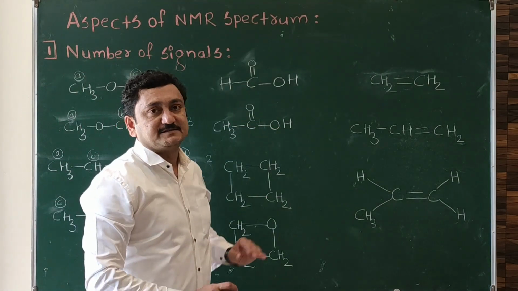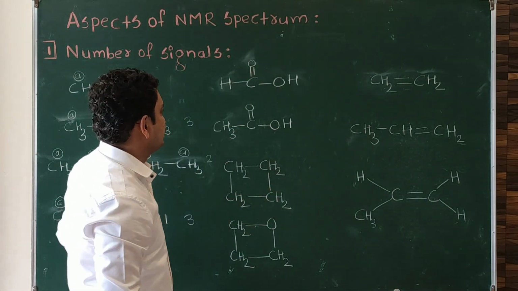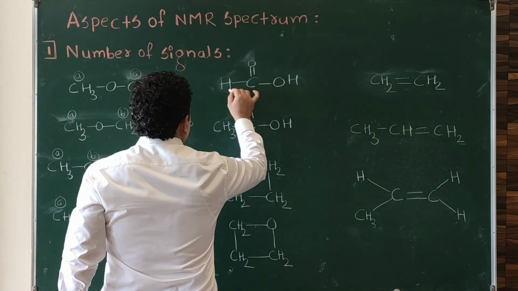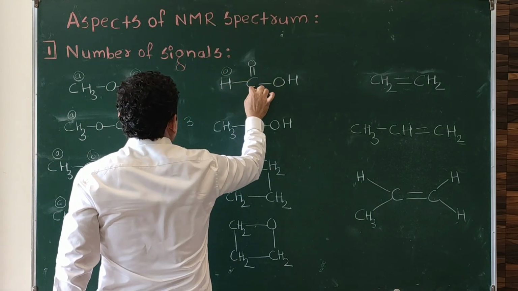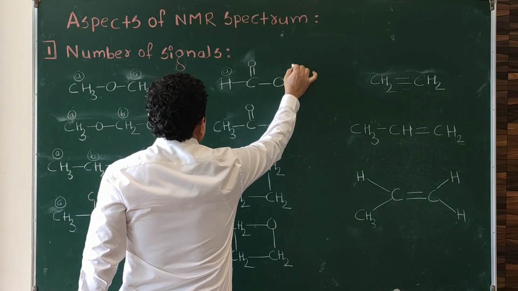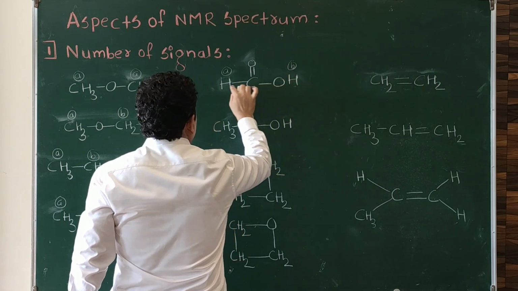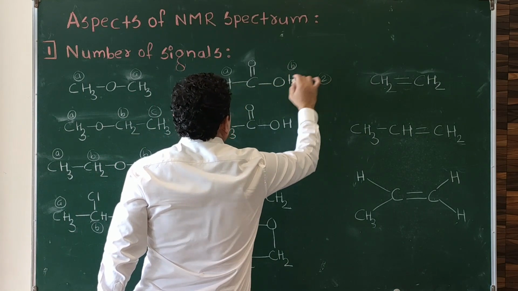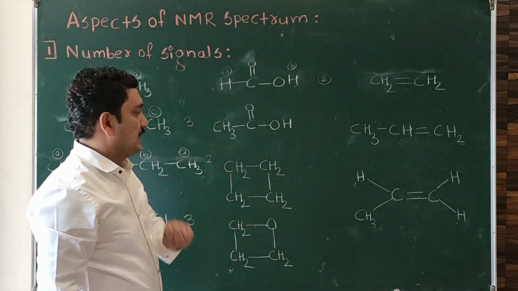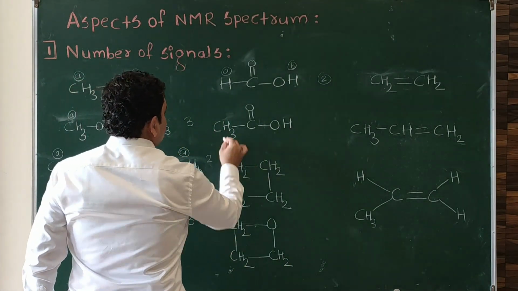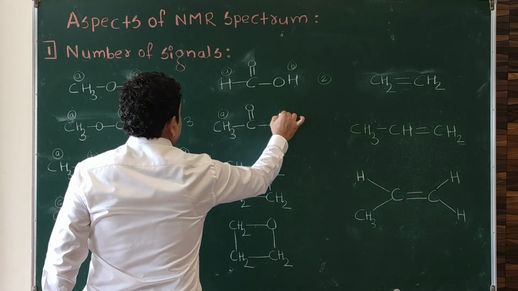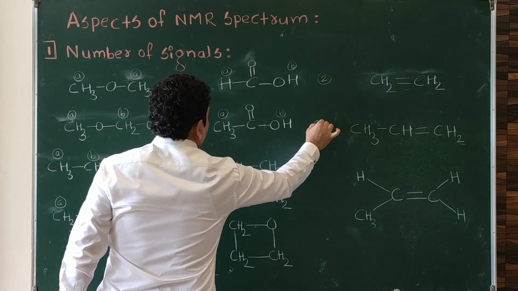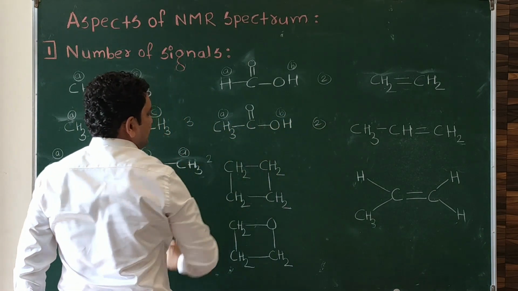Now carboxylic acids. This one is formic acid. These two are non-equivalent because this hydrogen is attached to carbon and this hydrogen is attached to oxygen. So they are non-equivalent, they will give separate signals, and the number of signals will be 2. Now acetic acid: CH3 and OH will give different signals, the number of signals will be 2, no need to check them.